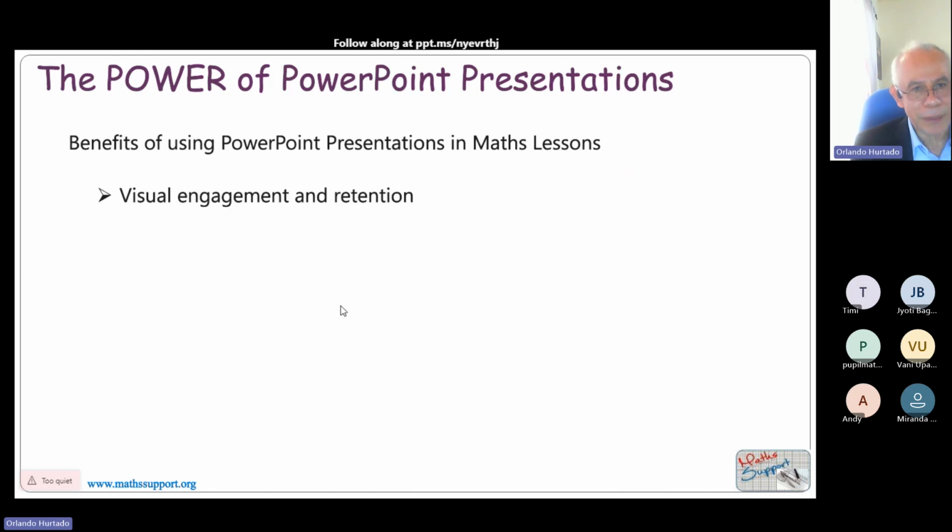Apart from visual engagement and retention, we have a second benefit of using PowerPoint presentations in a math lesson, which is the structured content delivered. In the PowerPoint, the content is structured in a way that the student can follow along. What are some of the benefits of that?